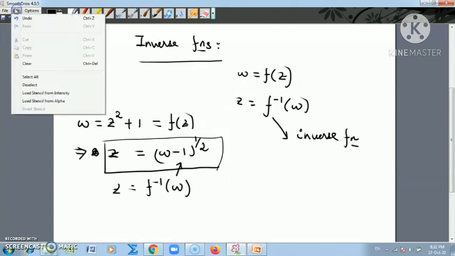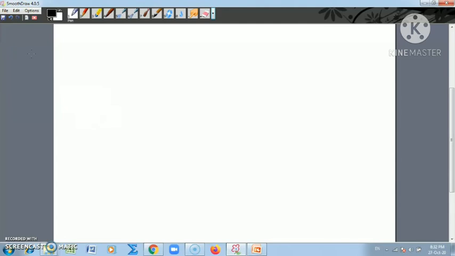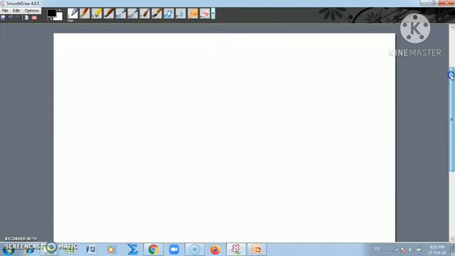Then there are different types of functions in z, and those are called elementary functions. So let us look at the elementary functions.